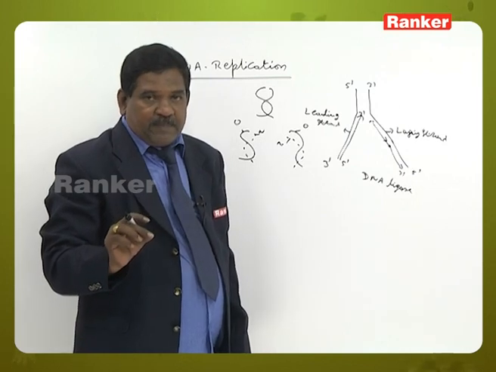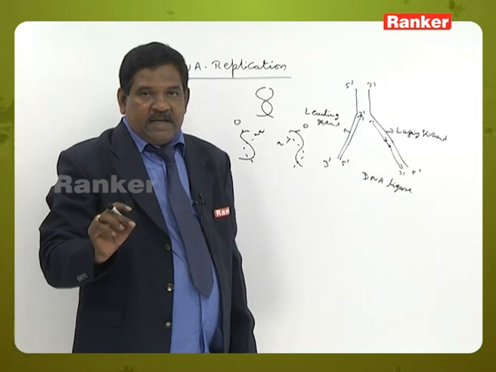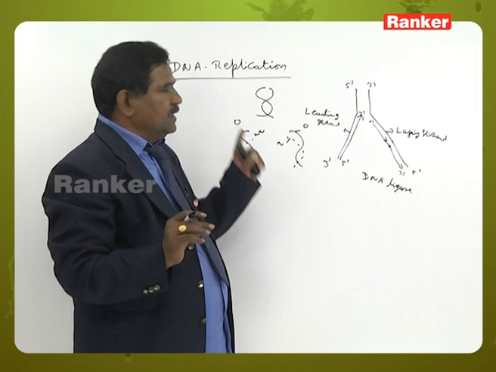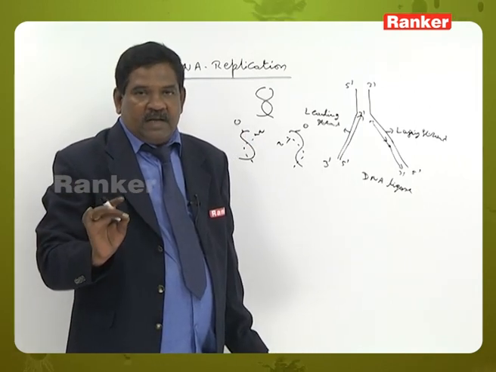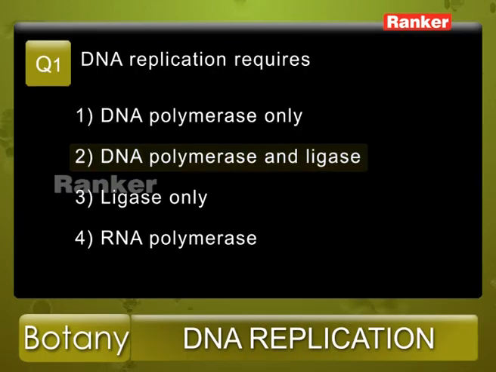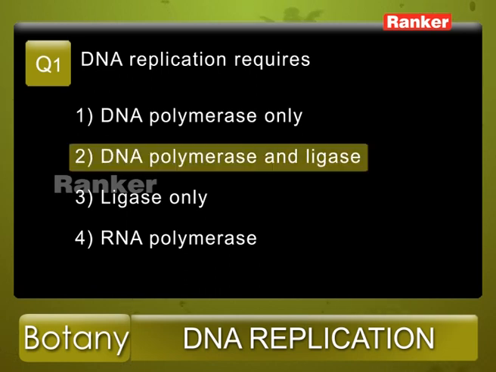So the correct option is 2. Both DNA polymerase and DNA ligase are required. RNA polymerase is not at all involved in DNA replication. For the first question, the answer is 2.